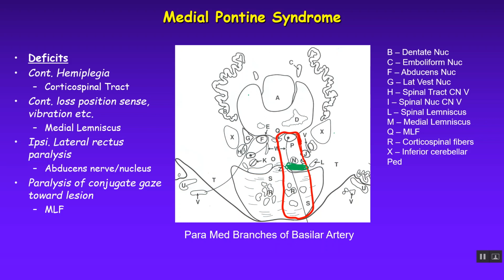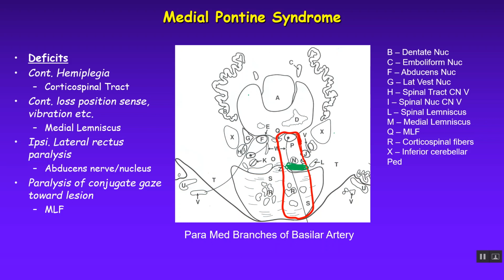It's right there, and so you're damaging the medial lemniscus. That's crossed over down in the medulla, right? So it's coming up on this side, so this is information coming from the right side of the body. So this is contralateral loss of position sense as it relates to the lesion. The lesion's on the left, the loss of proprioception's on the right.